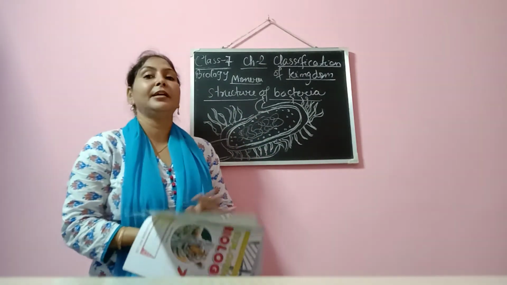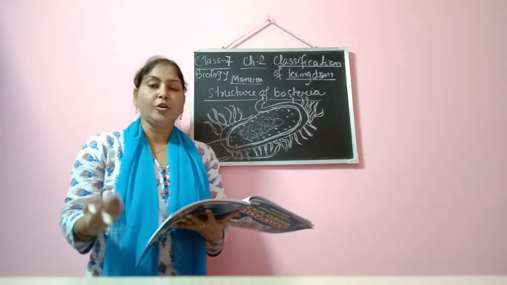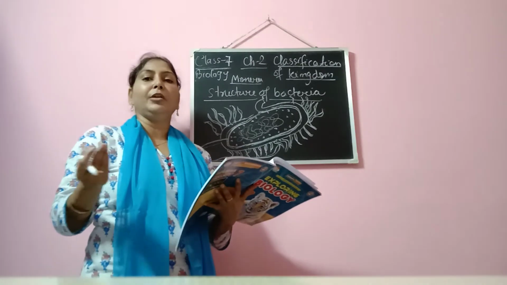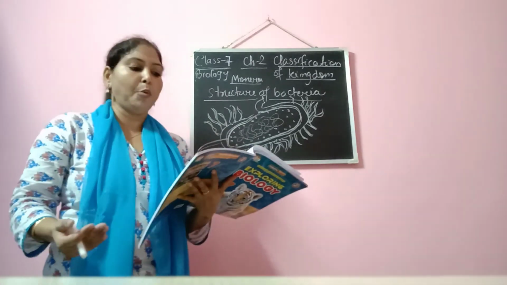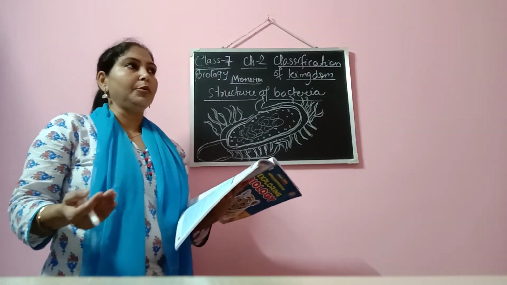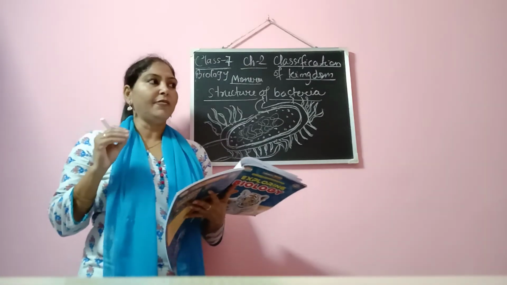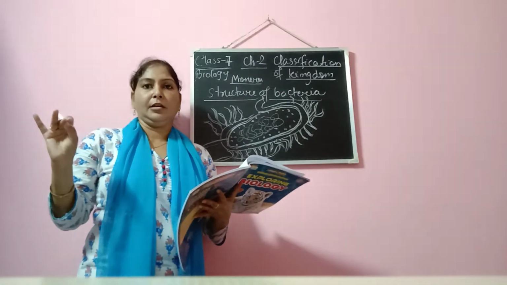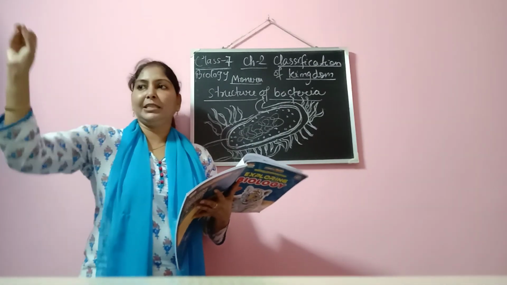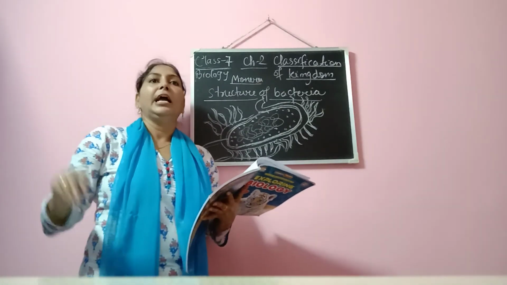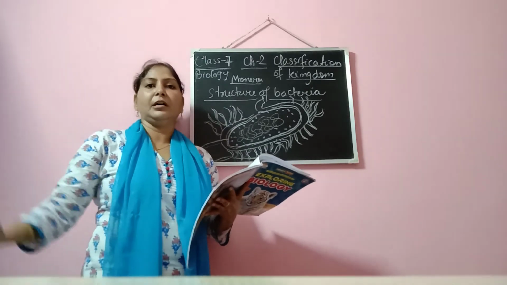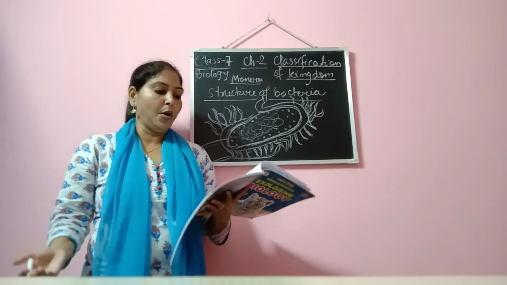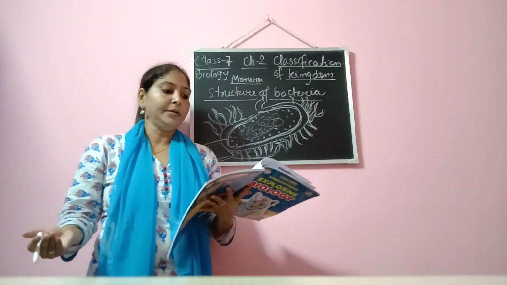At the same time, there are some harmful effects of bacteria. You must be knowing there are so many harmful effects of bacteria. They cause disease in our body, right? Now suppose you eat food which has been kept outside all through the night uncovered, maybe some dust has fallen on it, and if you eat the same food in the morning, what will happen?